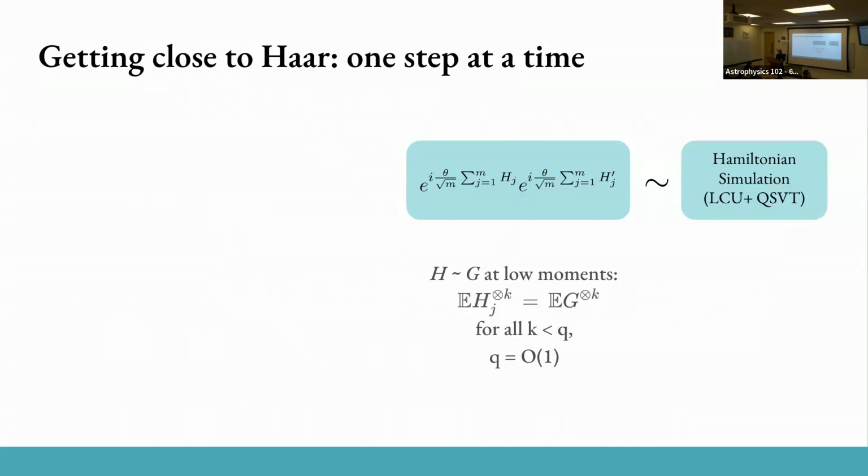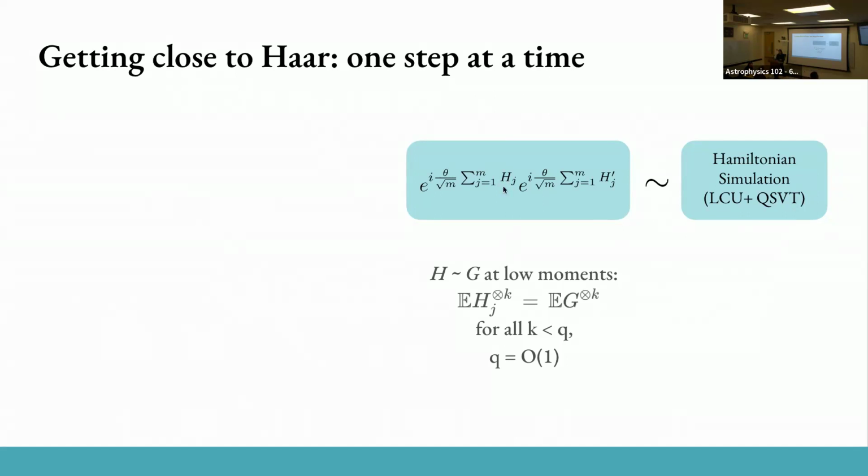And as I just mentioned, the key component of this is that these H's are simple enough to construct, and we can actually do Hamiltonian evolution of these Hermitian matrices H. And this is done via these off-the-shelf quantum algorithms called LCU or QSVT. You don't need to know what they are, but they exist and we use them.